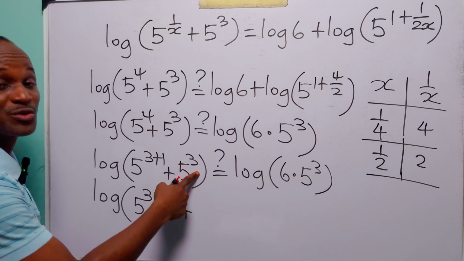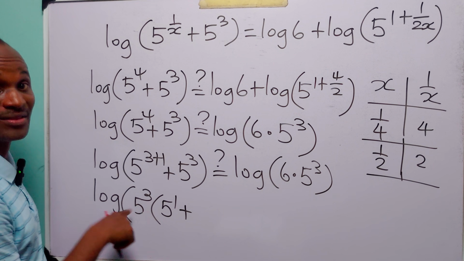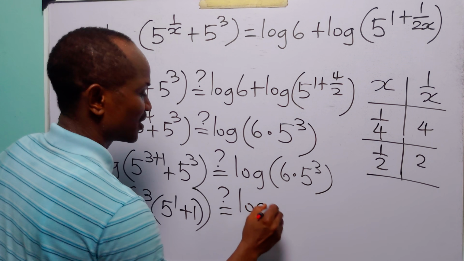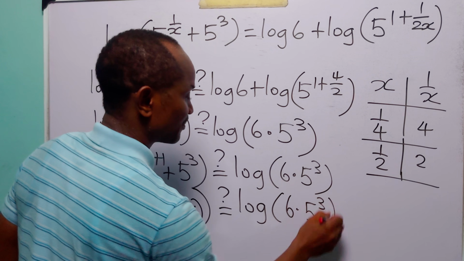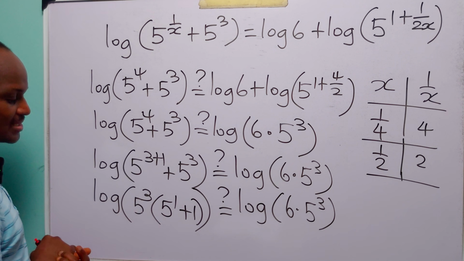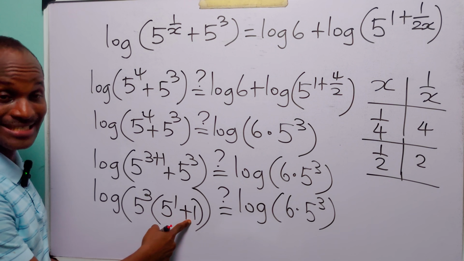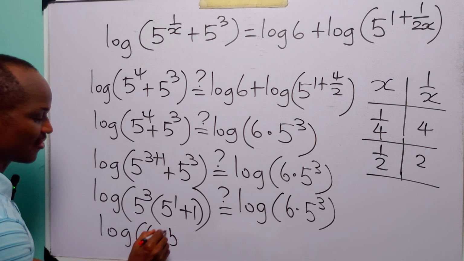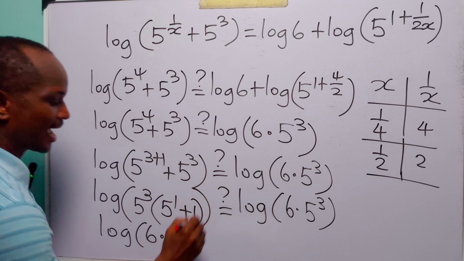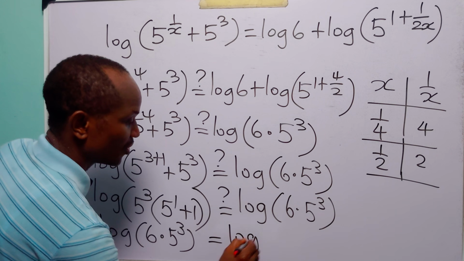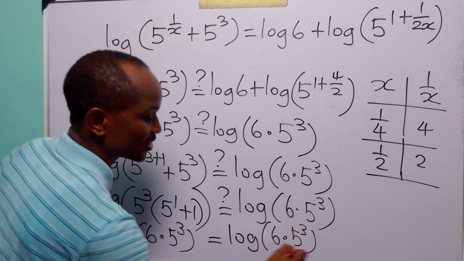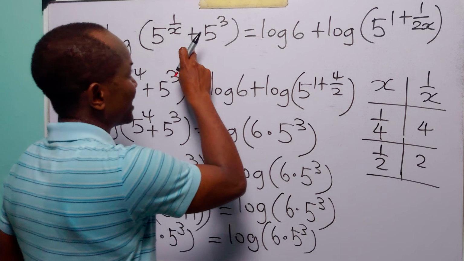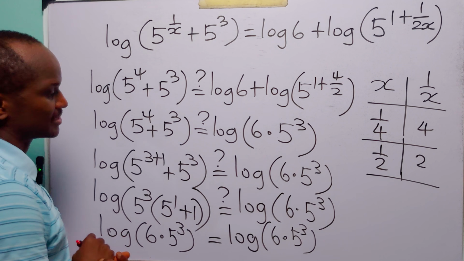Then, plus 5 to the power 3 divided by 5 to the power 3 is going to give us 1. And of course, here we have log 6 times 5 to the power 3. Now, look at this. 5 plus 1 is 6. So, this is log 6 times 5 to the power 3. And of course, this is equal to log 6 times 5 to the power 3. So when x is equal to 1 over 4, the left-hand side is equal to the right-hand side.